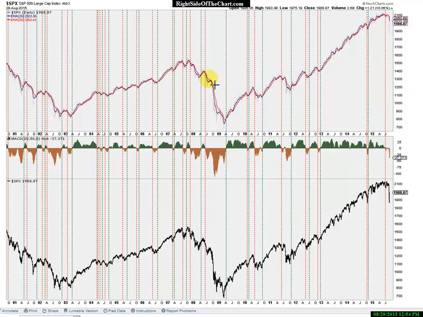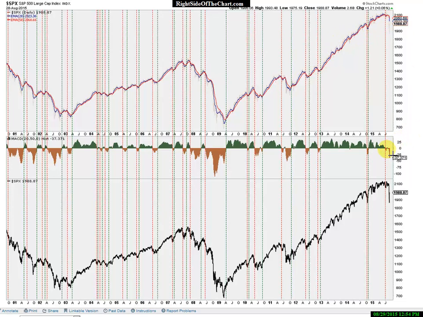Here's a bear market in '08. It actually topped in October 2007, but you can see that this indicator would have kept you short most of the time on the big trends and got you long when you needed to be. And this huge, almost unprecedented move up in the last couple of years, you caught the bulk of it long.